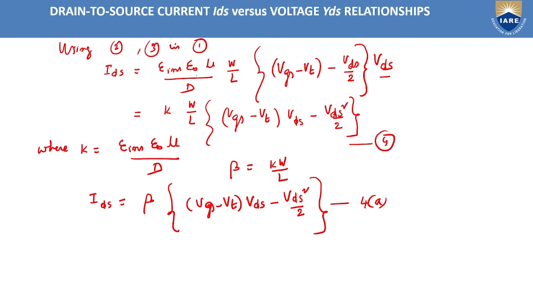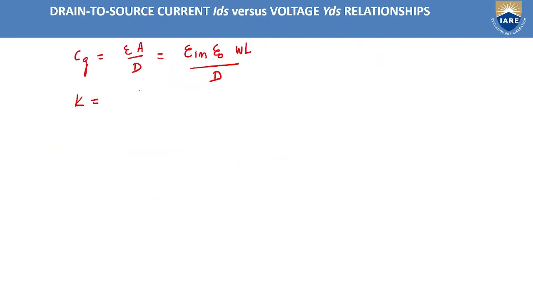K we have defined as epsilon INS epsilon naught mu by D, right? So we know that K is equal to epsilon INS epsilon naught mu by D. So using the gate capacitance formula, we can write K as K is equal to CG mu by WL.